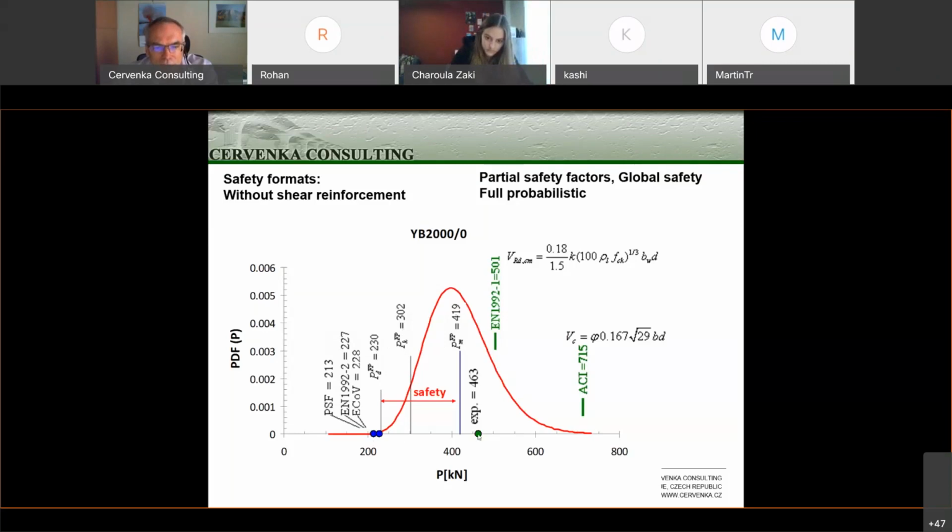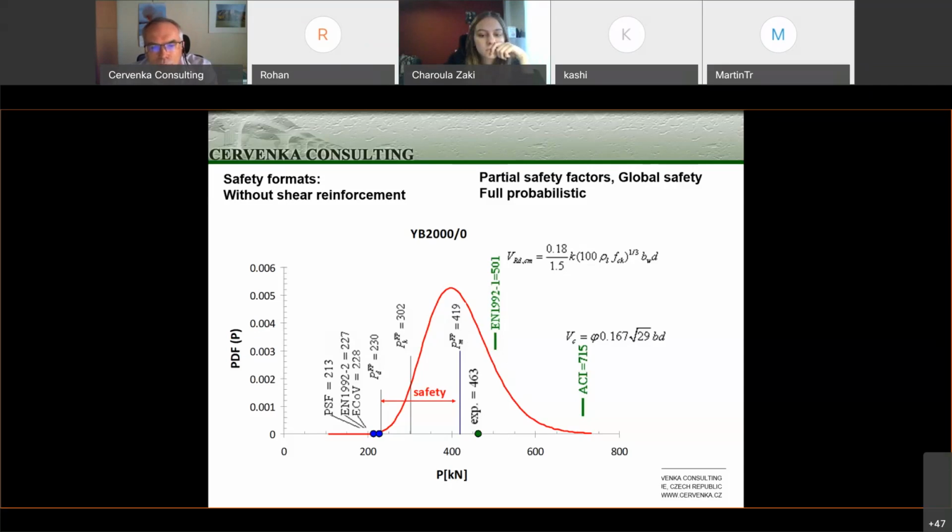The experiment is this green point. So we have to understand that the experiment may not be the mean. Of course, nobody knows. And it is also interesting to show here the Eurocode formula for shear strength and ACI. In this particular case of this unreinforced beam, it is well known that these formulas are on the very unsafe side.